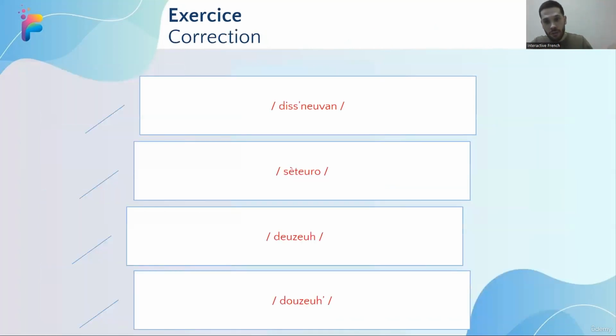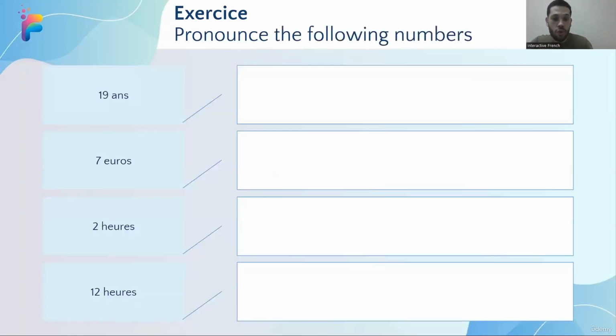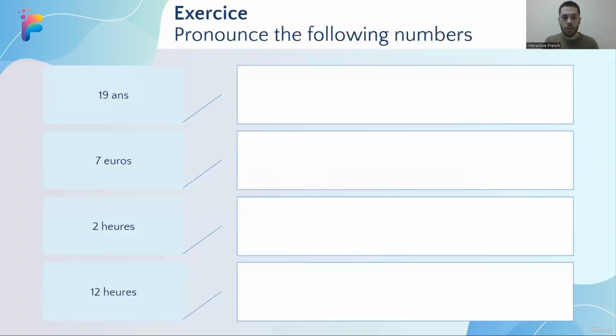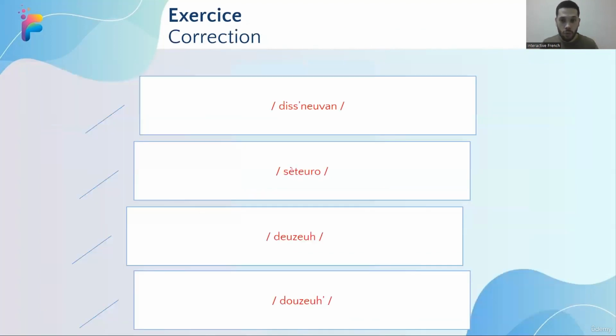So the liaison with the T. Then we had 2 heures. 2 heures, right? So with the Z sound, if you have the X, the X would turn into a Z sound. And then finally, we had the 12 heures. 12 heures, right? 12 heures for 12 o'clock.